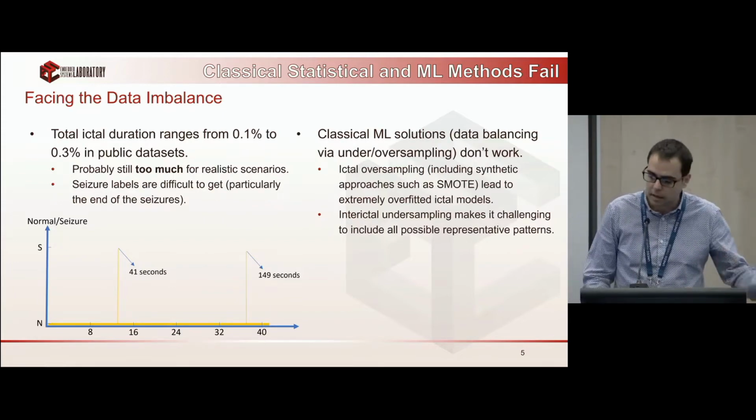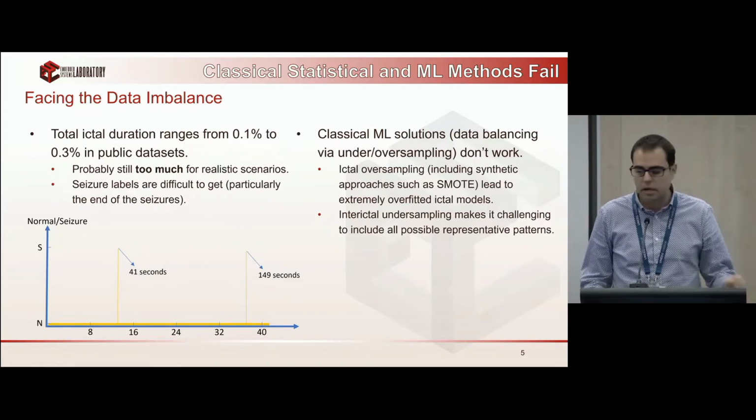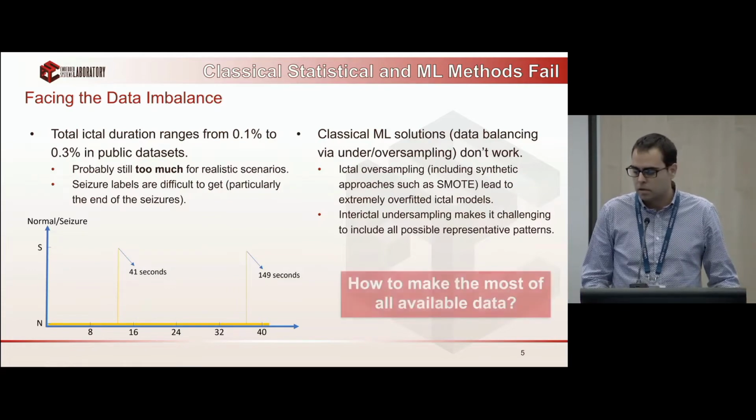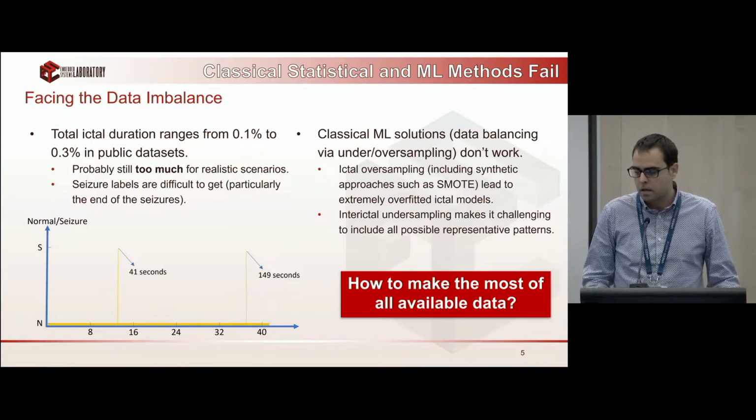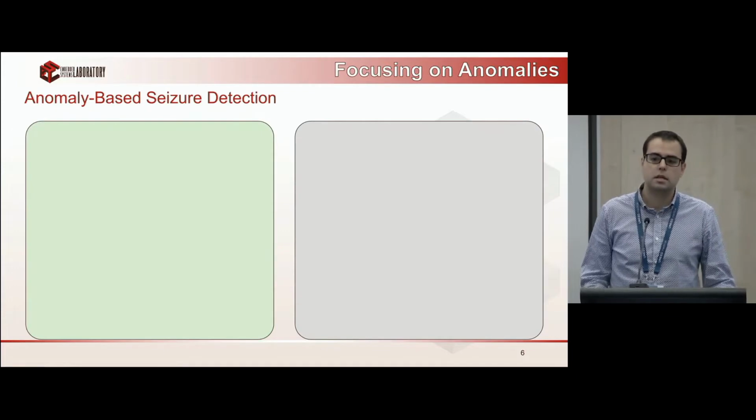And if we do interictal undersampling, it is really challenging to get all possible representative patterns of interictal activity. So how can we get the most of all the data we have and at the same time produce good quality models? So our approach is to use two different models.